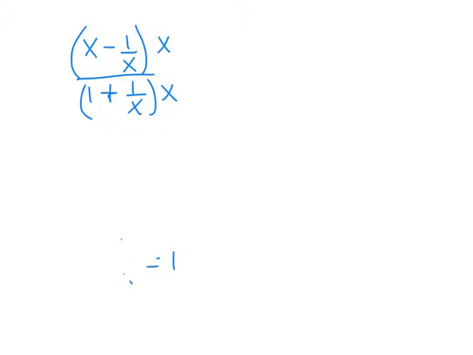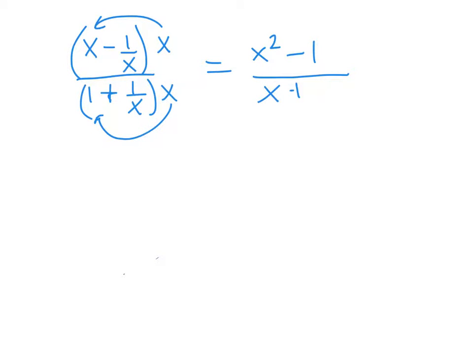The point of doing this is that the numerator simplifies a lot. If I multiply x times x, you get x squared. X times the negative 1 over x just gives you a negative 1 because x over x is just a 1. Then in the denominator, I distribute this x, so I get x, and I get plus 1.